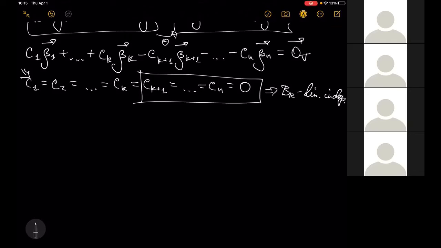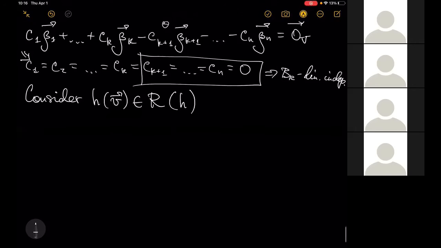So let us consider h of v, which belongs to the range of our homomorphism, right?